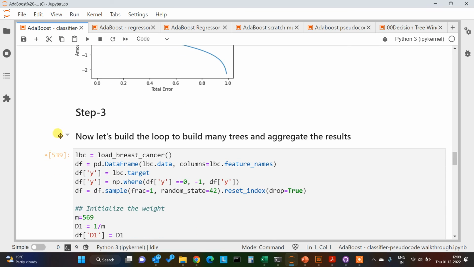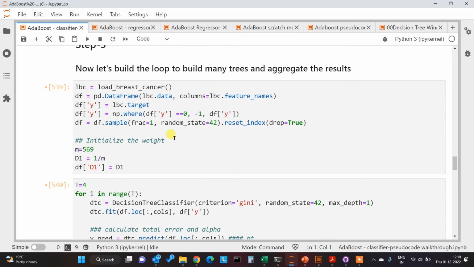Now what we can do is, let's implement the entire algorithm by bringing in the loop. Previously we discussed without loops, so that the process is clear to us without using all those notations. So here again we are reading the data set.